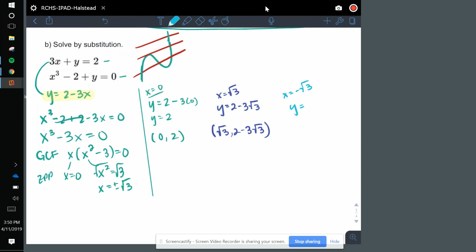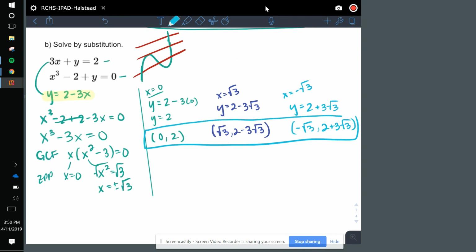So almost the same. Negative times a negative is going to give me a positive. So plus 3 root 3. So I get negative root 3, comma 2 plus 3 root 3. And those are my points of intersection. Looks like I have a line that goes through 3 times like that.